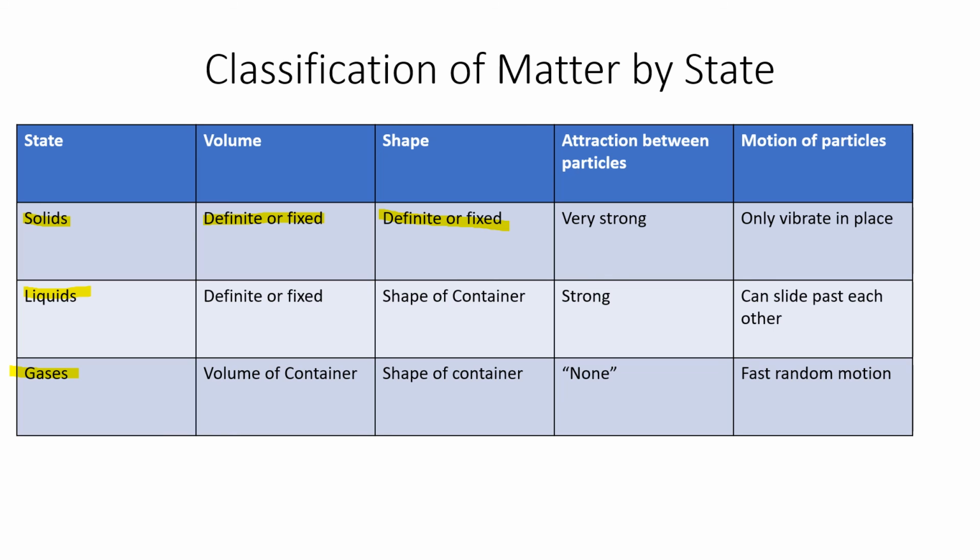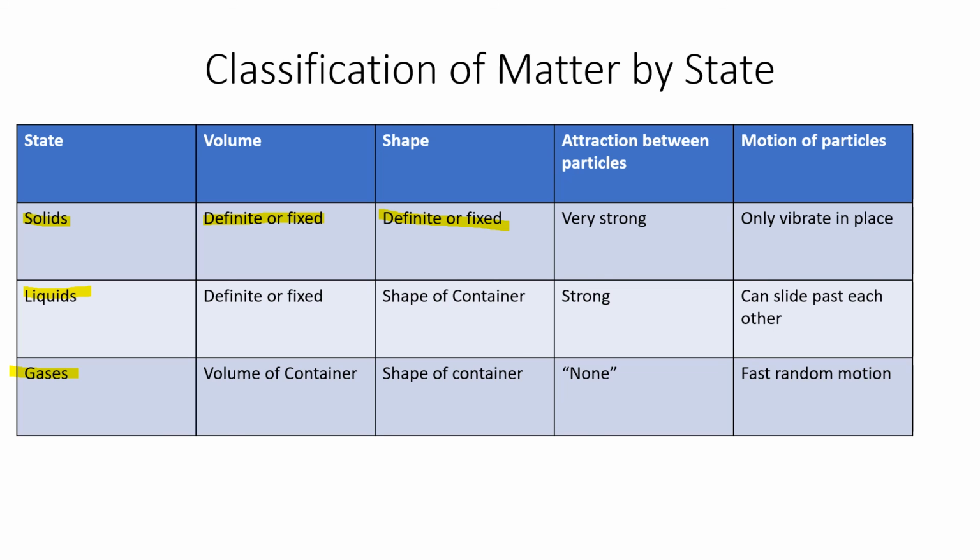Your usual manipulations are not going to change that shape. Think about a key. You can take a key out of your pocket, you can drop a key, you can put a key into a lock. You're not really changing the shape of that key based upon normal manipulation. So we would say it has a fixed or a definite shape.